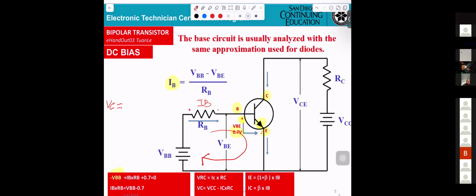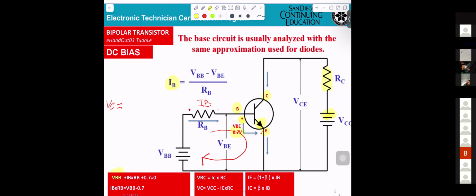Okay. VC, that means this is the VCC. So we need to know how much the voltage drop across the RC. That's why you can get VC.